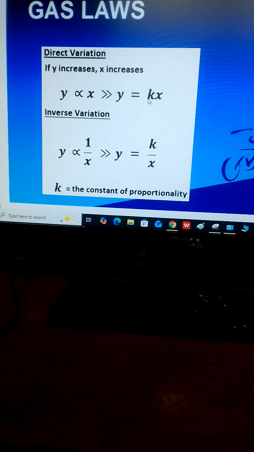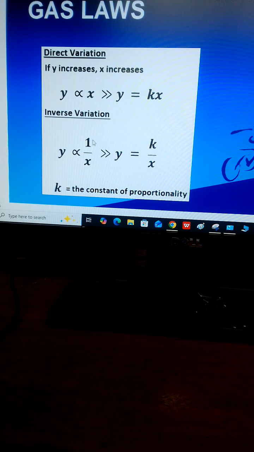All right. Now, the next variation is inverse variation, which means that y is inversely proportional to x, implying that when y increases, x decreases. When y decreases, x increases. So this is a case of inverse variation. All right? So this is how we write it mathematically.